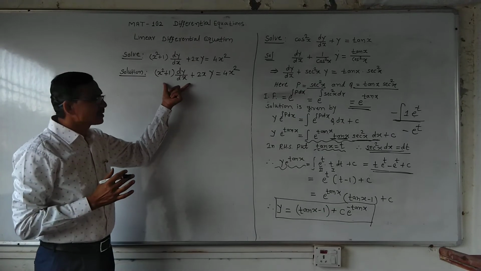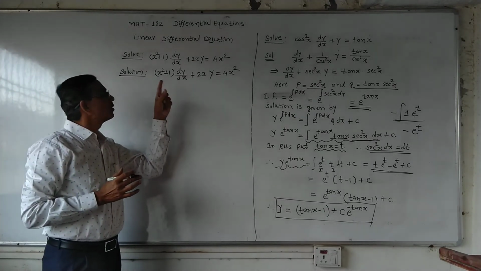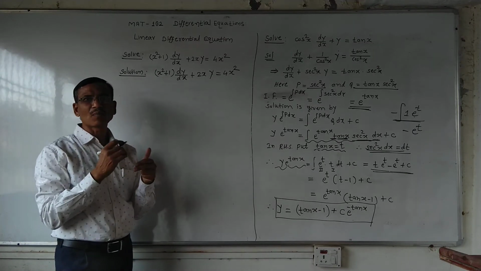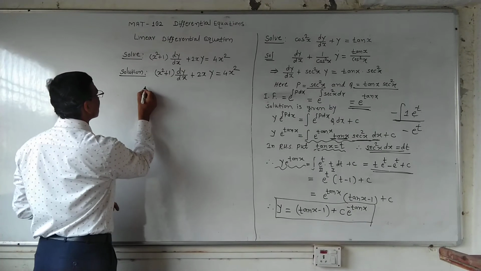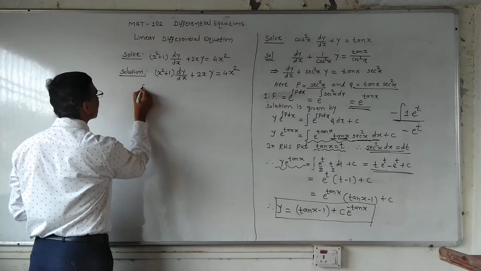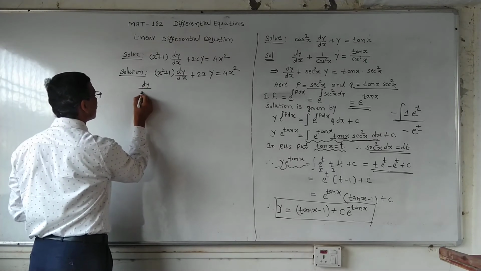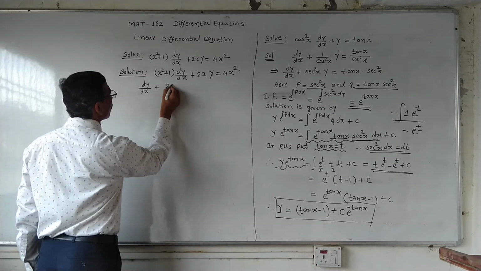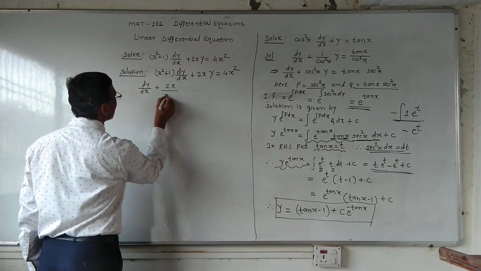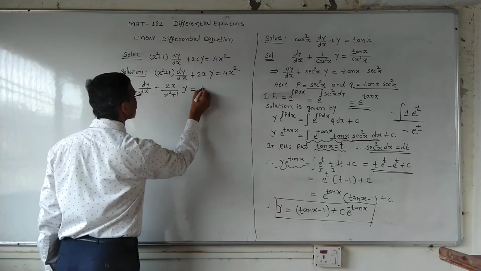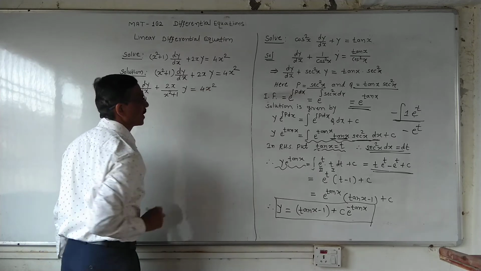Then observe this equation. Which type of equation is this? It is first order, but it is not in linear form. And it can be written, after dividing by x square plus 1, as dy by dx plus 2x upon x square plus 1 y is equals to 4x square.